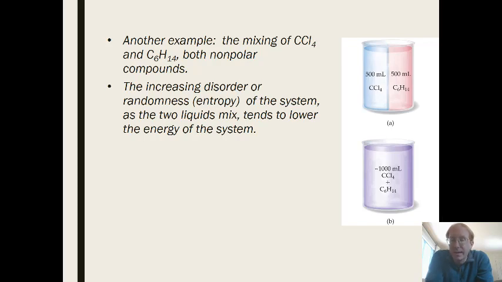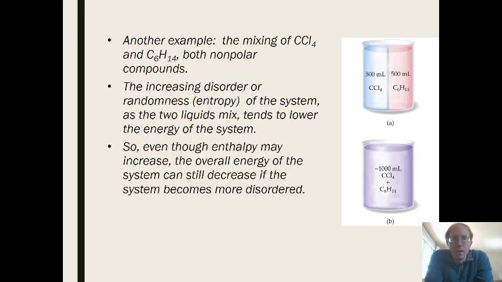But that increase in entropy is able to overcome that endothermic delta H of the solution to make this a spontaneous process. So even though the enthalpy may increase, I need to add enthalpy, I have a positive delta H value, the overall energy of the system can still decrease when I factor in the amount of entropy that's increased and how that affects the total energy of the system.